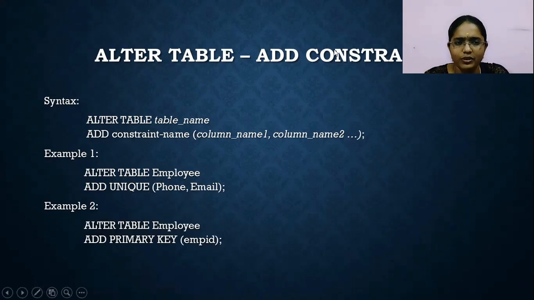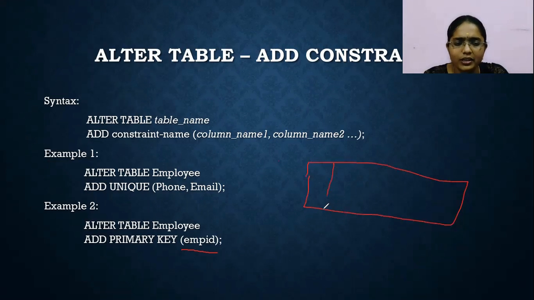The next example is given along with the primary key. So we'll see how to do it. ALTER TABLE employee ADD PRIMARY KEY employee ID. So for the already created table, for the column called employee ID, I'm making this particular column a primary key. I guess everyone knows about primary key, right?